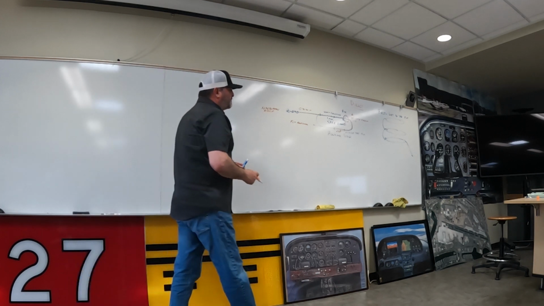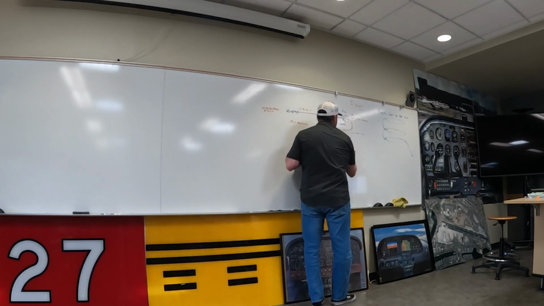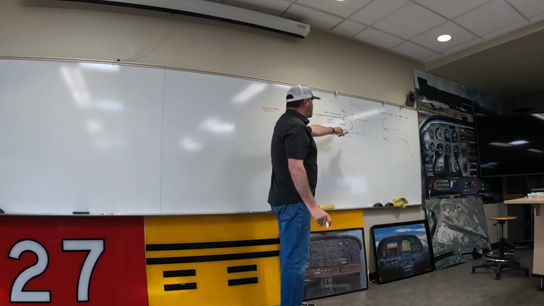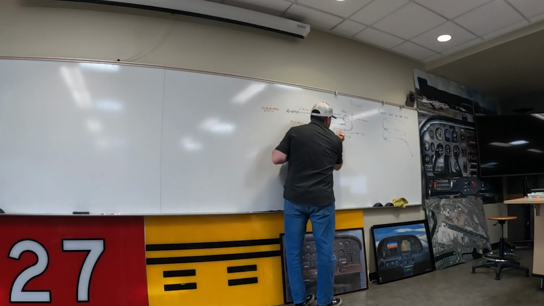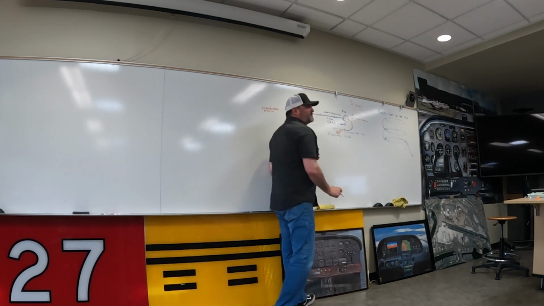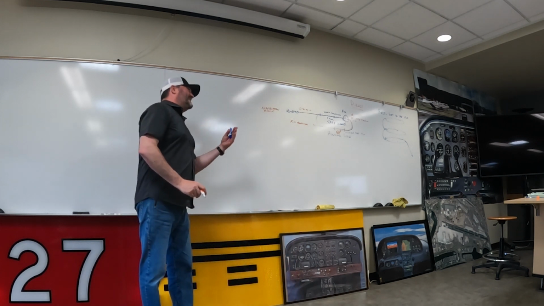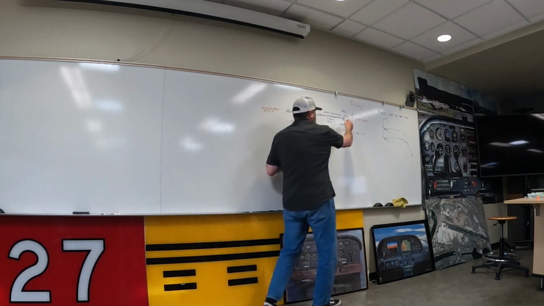I want to start my timer when I'm abeam the fix, or when I get established on a course of 270, whatever comes later. I.e., there's wind, and the wind's out of the south, or the wind's out of the north.